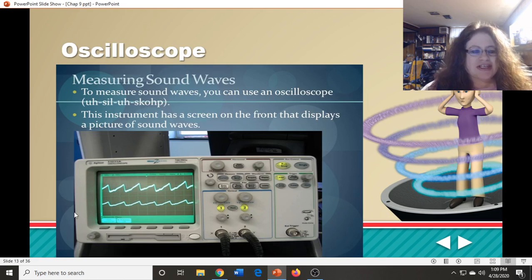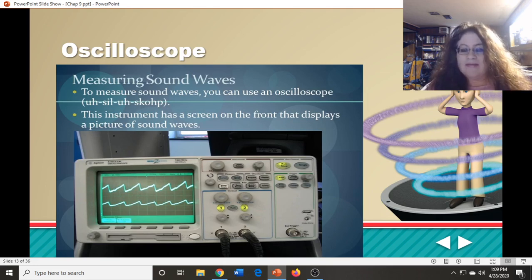So it's changed into an electrical impulse. This is an oscilloscope, and it shows you the wave after it has been changed into an electrical impulse. I would like you to highlight the sentence with oscilloscope in it. Oscilloscope is italicized. An oscilloscope uses a type of microphone to convert mechanical sound waves into electrical impulses. You're going to highlight that in your book.